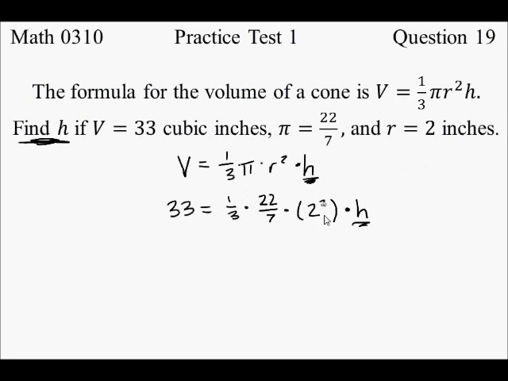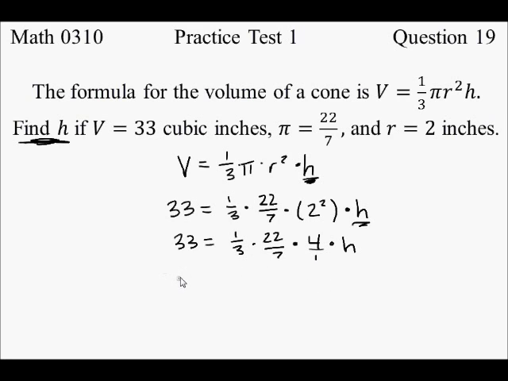Looking at this, the first thing I'll do is my exponents. So I'm getting 33 equals 1/3 times 22/7 times 2 squared, which is 2 times 2, or 4, times h. Let's simplify this right-hand side. Maybe we want to think of this 4 as 4/1 for multiplying all these fractions together.